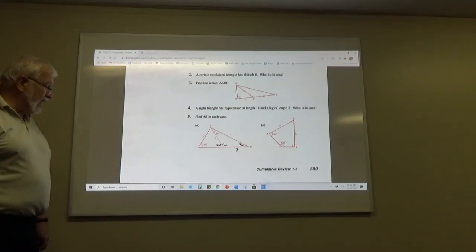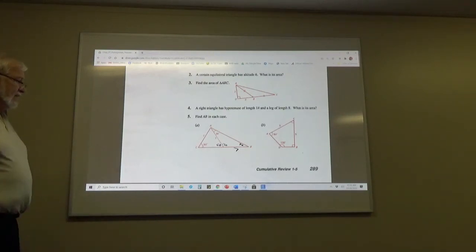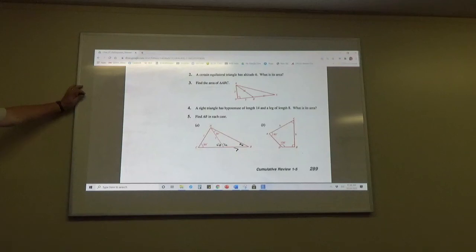Find the length of AB. You can't do that without, it's not a right angle. I don't know how to do that. I'm going to have to find that.